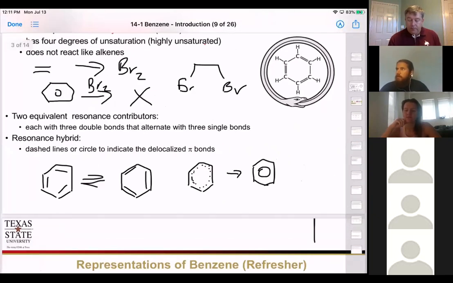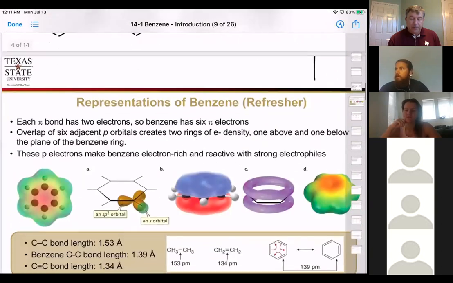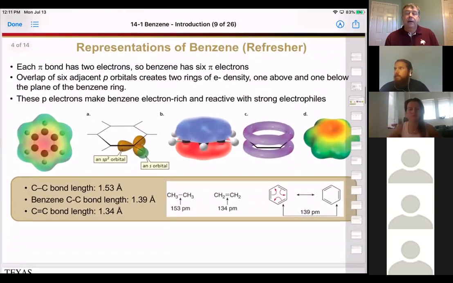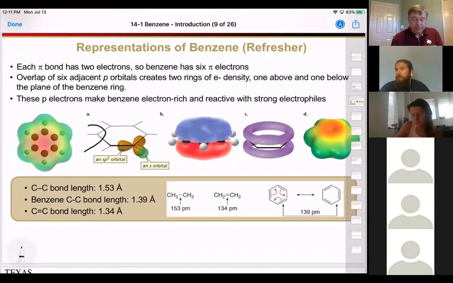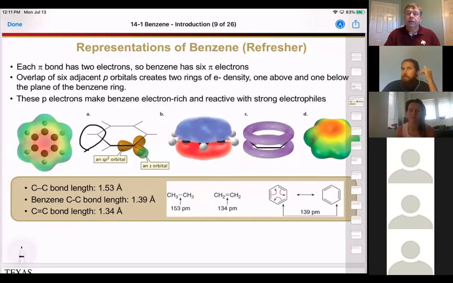So another way to represent benzene is to think about it as, okay, we have this pi cloud above and below the ring. The actual carbons in the benzene ring are sp2 hybridized, which makes them trigonal planar. So they're trying to be 120 degrees apart. And that's why we have this nice flat ring and all the angles are 120 degrees. But when it's sp2 hybridized, that means we have a p orbital that's unhybridized.